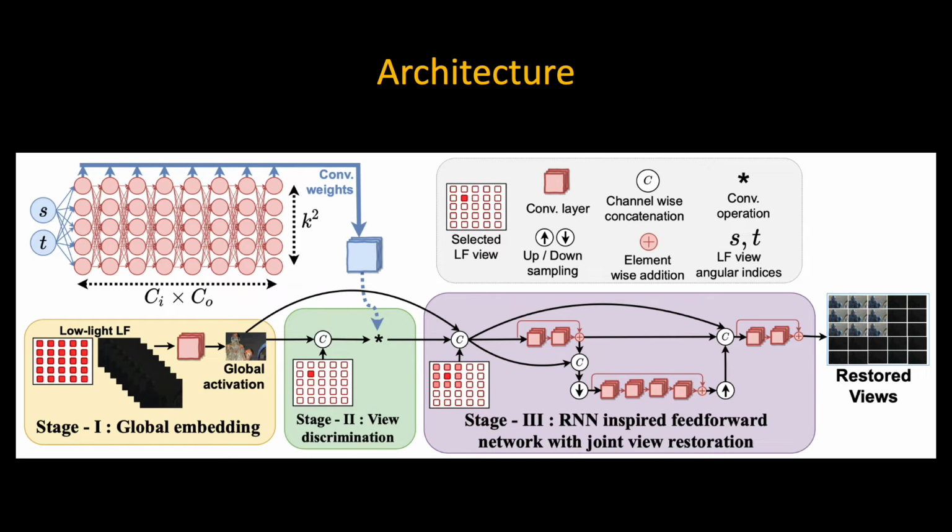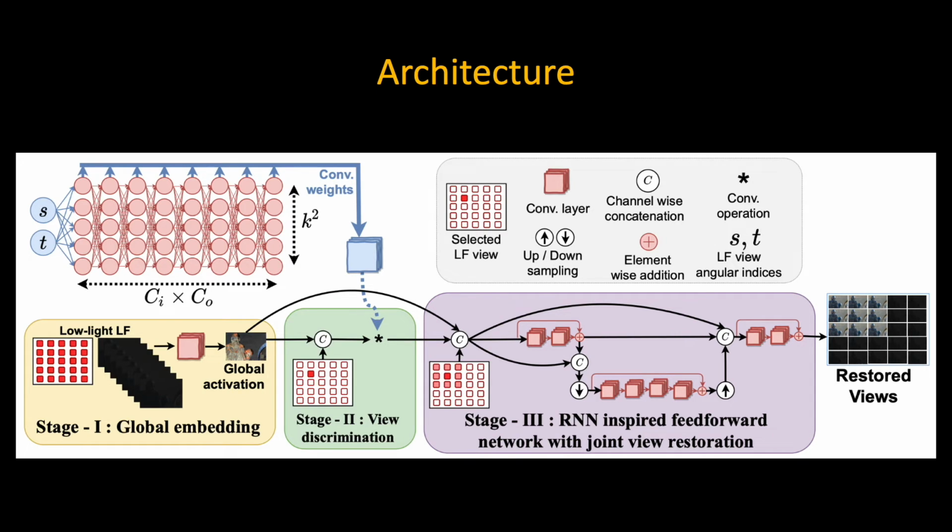In stage 2, convolutional weights are estimated for the non-peripheral views depending on their angular indices denoted by s, n, t in the figure, and a view-specific output is consequently obtained. The global activation of stage 1 and the view-specific output of stage 2 with all the neighboring SAIs are then passed through an RNN-inspired feed-forward network to restore the views.